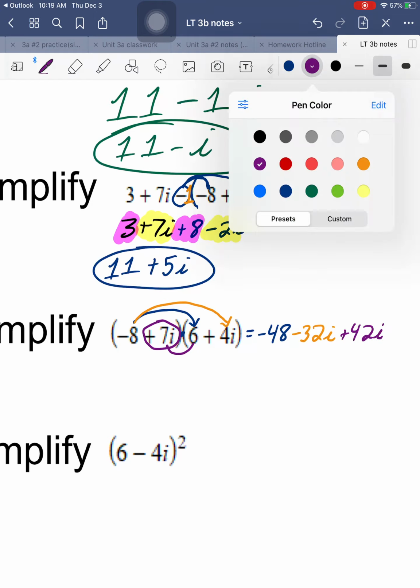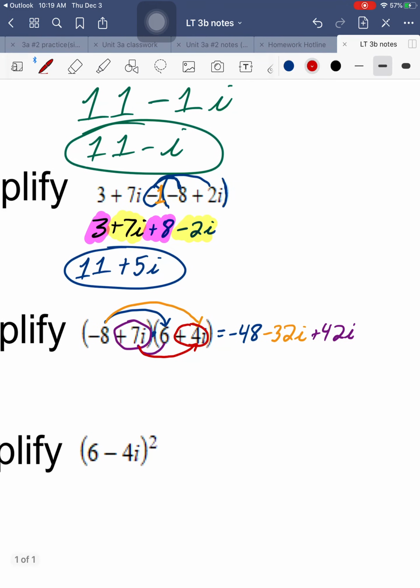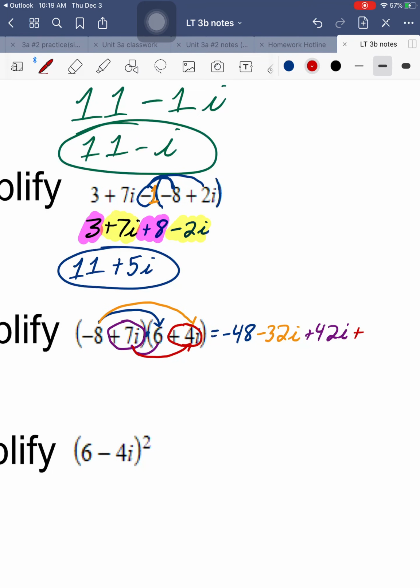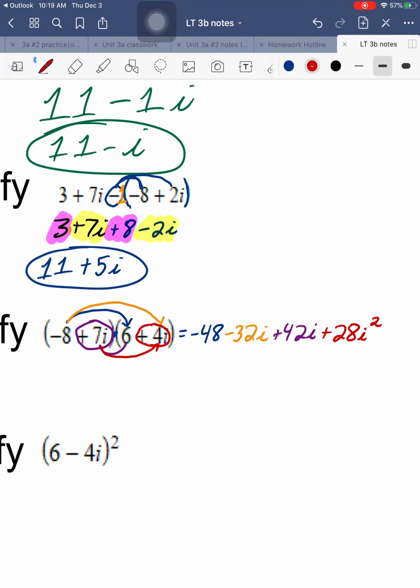And 7i times positive 4i is positive 28, so it's i times i, which is i squared.